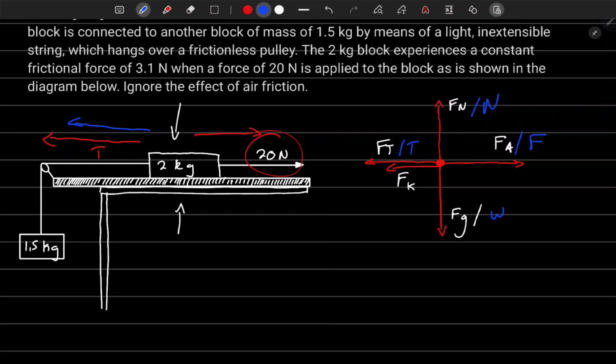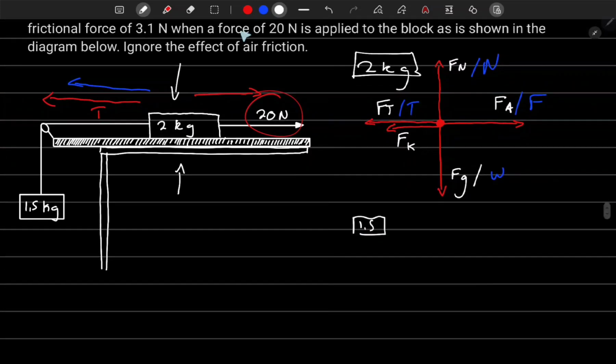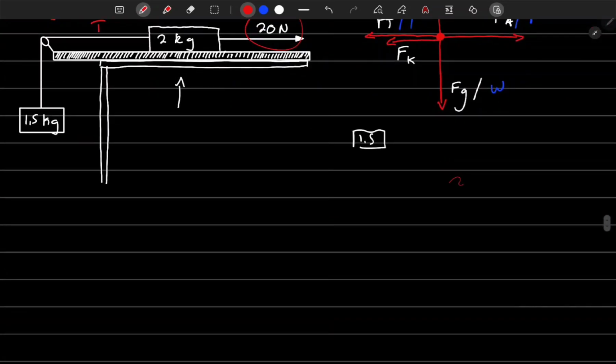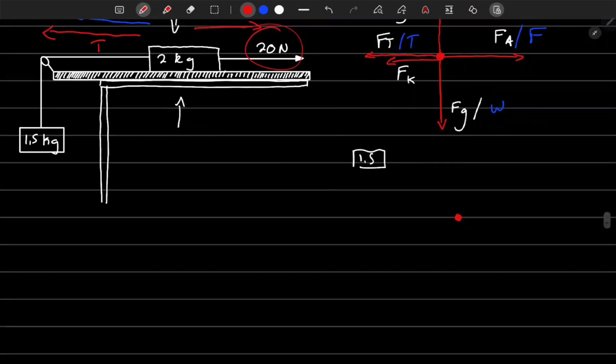Now let's look at the 2 kg block, right? So this was for 2 kg. And now I want to draw the free body diagram for the 1.5. So like I said, we must start with the dot in the center, and then we show the direction of the forces.